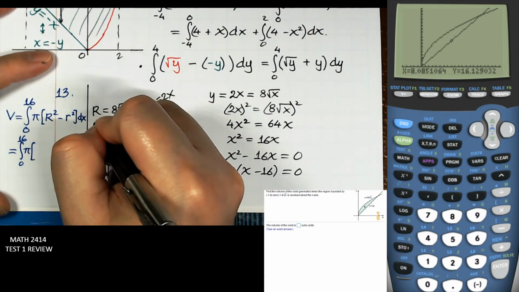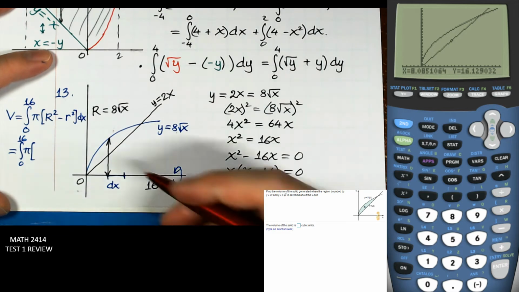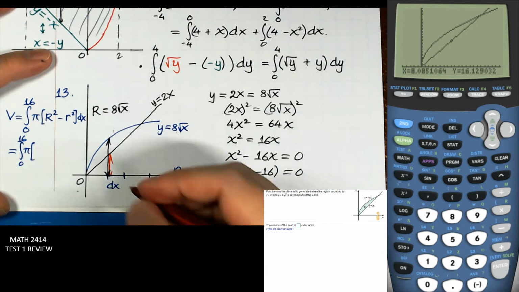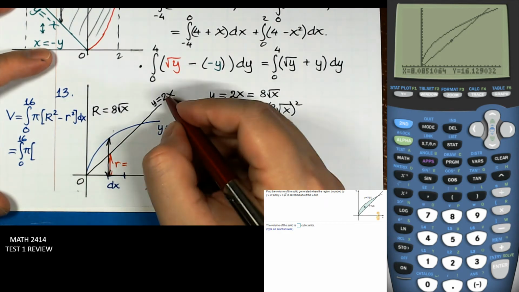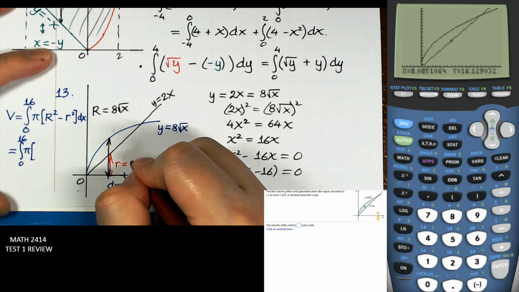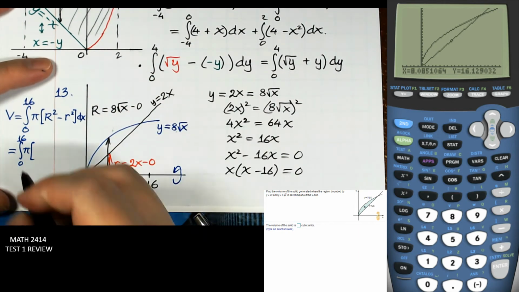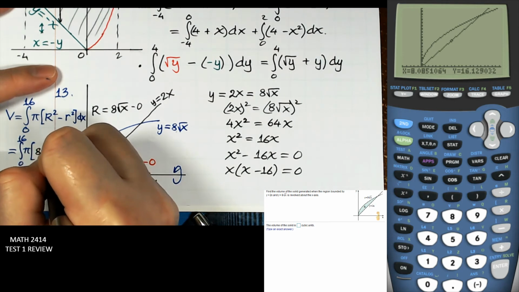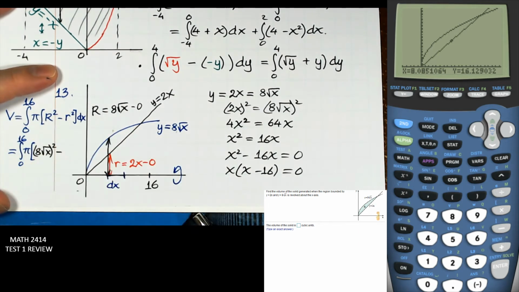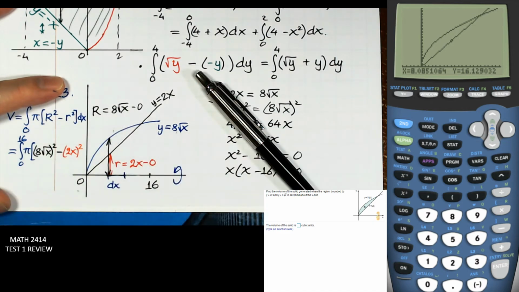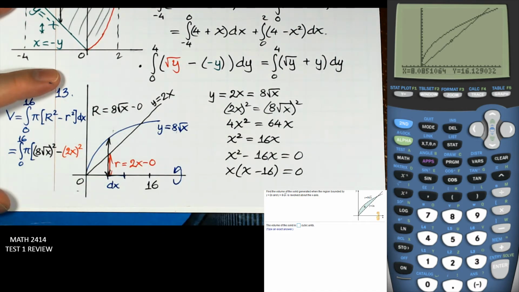At the bottom, the smaller radius from the axis of rotation to the edge. So that little r equals 2x on the top minus 0 at the bottom. So either way, we have a square root of x, the big radius squared, minus the little radius squared, which is 2x squared, and then dx.